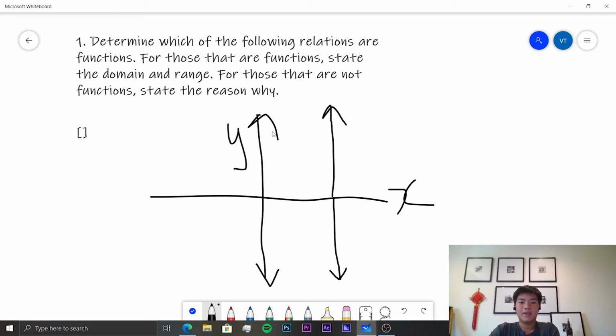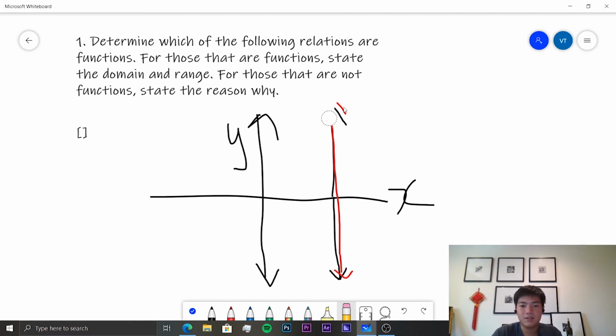It means that if we draw a vertical line anywhere on the graph, it should only be able to pass through one and exactly one point. And in this case, if we draw a vertical line over here, it's going to pass through more than one point. It's going to actually pass through all the points of the function.